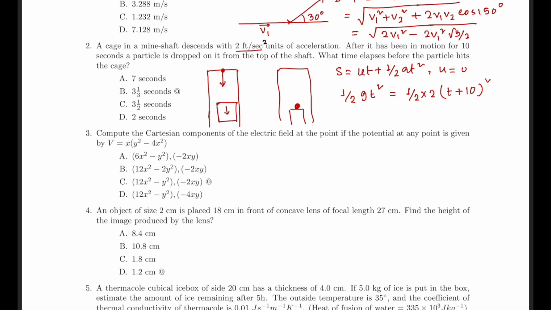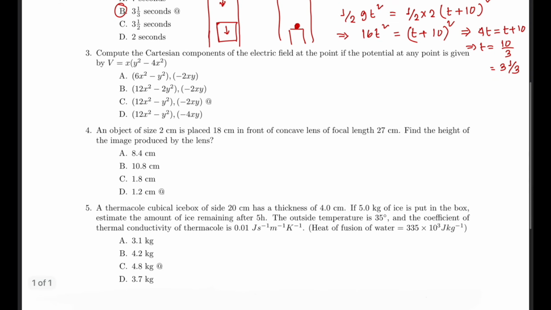The value of g is 32 feet per second square. So this is 16 t square equals (t plus 10) square. You simply take the square root on both sides, so you'll get 4t is t plus 10. That implies t is 10 by 3, which is 3.33. That means option B.